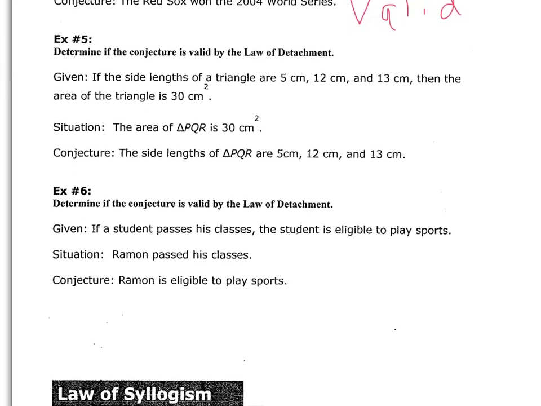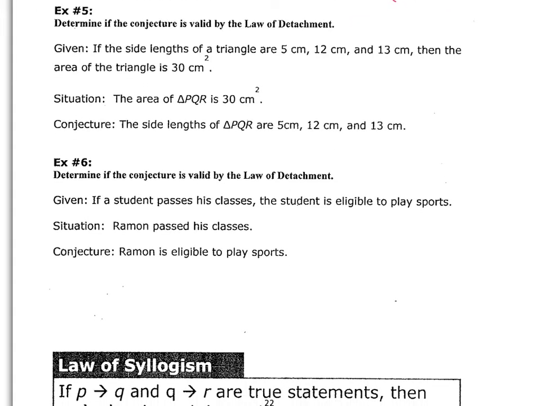Okay? Number 5. It says, if side lengths of a triangle are 5 centimeters, 12 centimeters, and 13 centimeters, then the area of the triangle is 30 centimeters squared. And we know that the area of PQR is 30 centimeters squared. Conjecture, the side lengths of PQR are 5, 12, and 13.